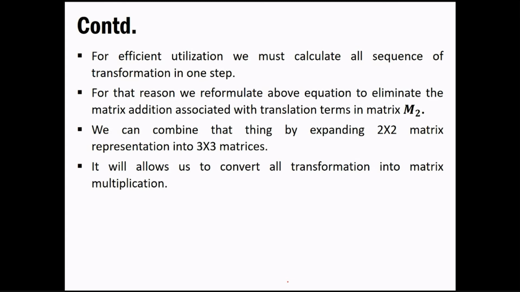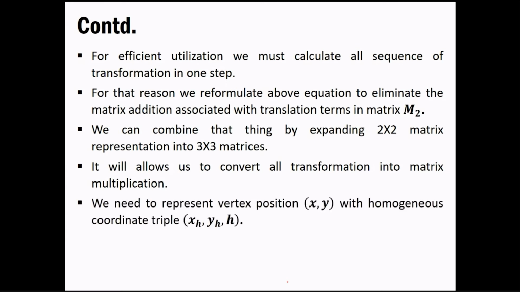So we won't be going in the direction where we are adding something. Instead, we have eliminated that, and we have simply expanded our 2 cross 2 matrix into the 3 cross 3 matrix form. How can we achieve this? With the help of homogeneous coordinates.